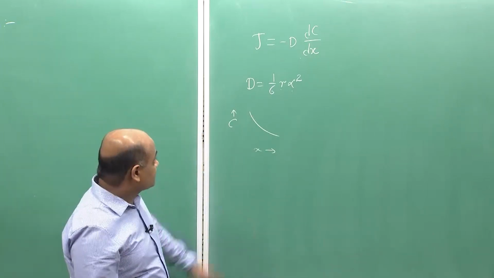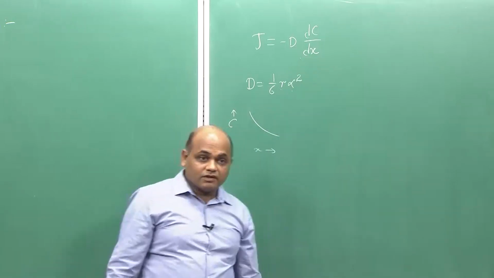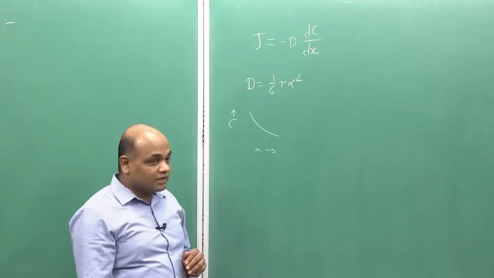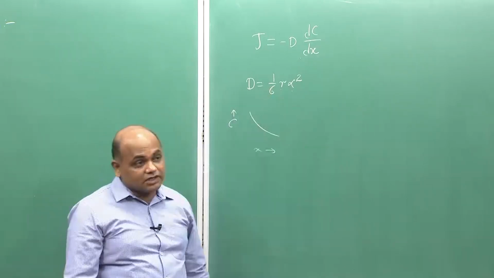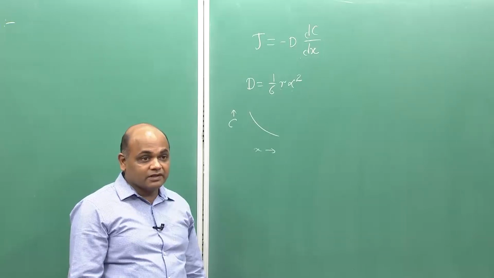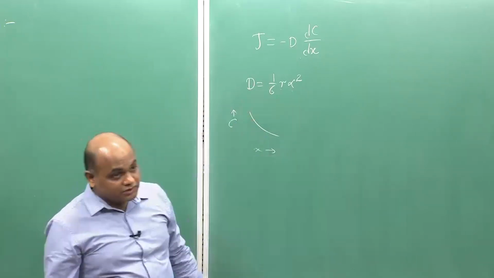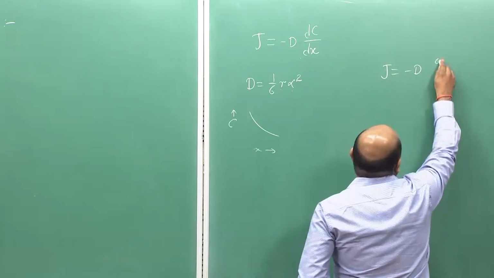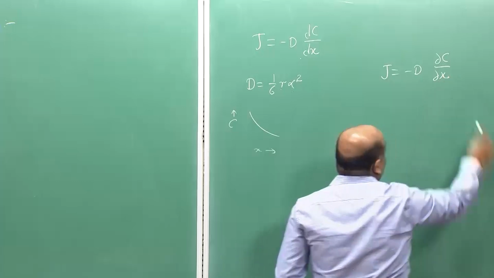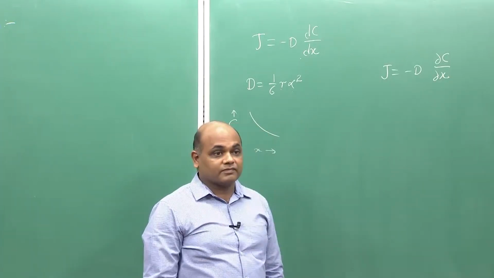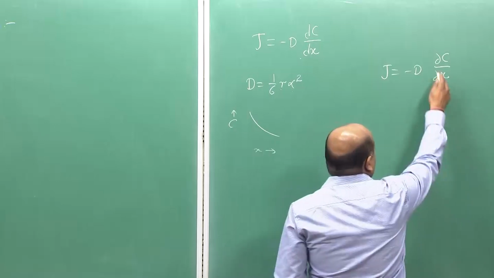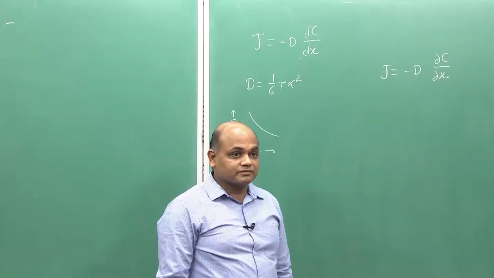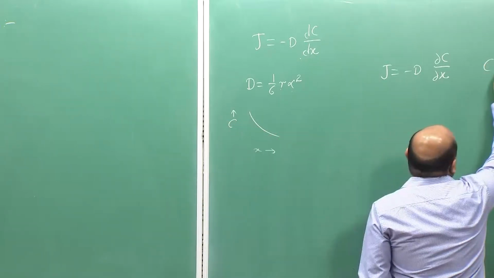In fact, whenever diffusion is occurring at any given plane or at any given x, the composition also varies with t, right. So we should more appropriately write this as minus d dou c by dou x, the partial of c with respect to x. This sign for partial we will call dou, because c is a function of x and t.